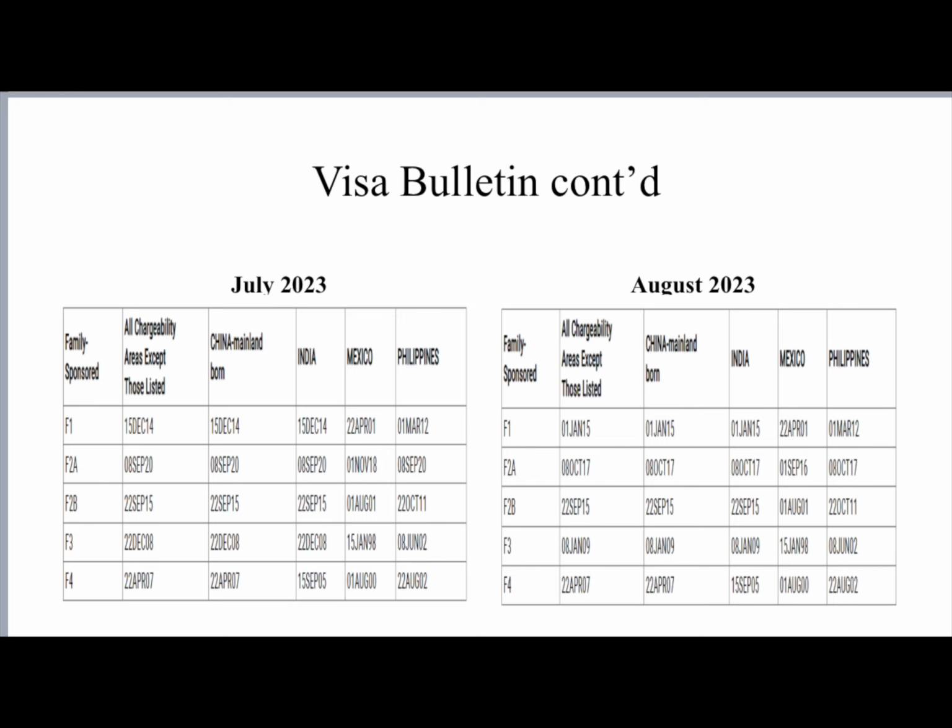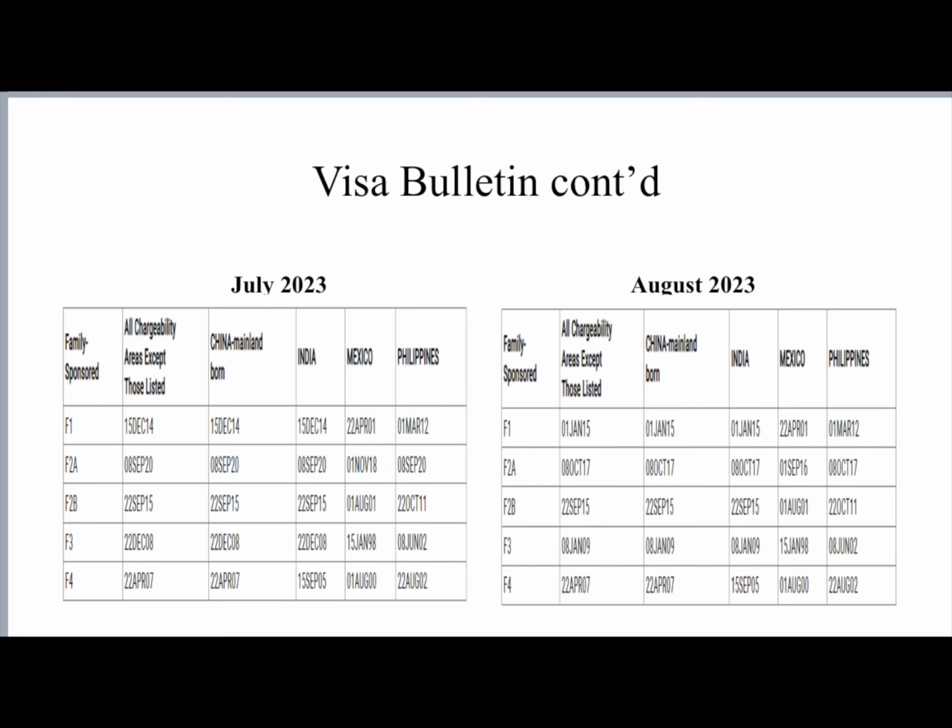In the August bulletin, so August 2023, F1 saw another little movement, about 17 days, 2 weeks or so. Yeah, so the final action date moved from December 15, 2014 to January 1st, 2015.